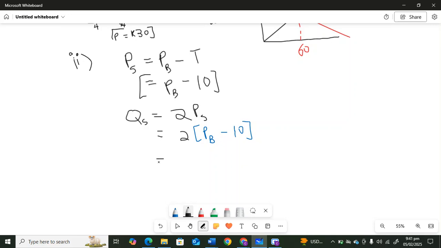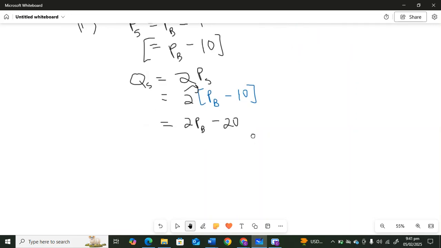We're going to say 2 times PB, 2PB, minus 2 times 10, that is 20. So this is our new supply function: 2PB minus 20. Then we go back to the regular programming where we equate QD and QS.